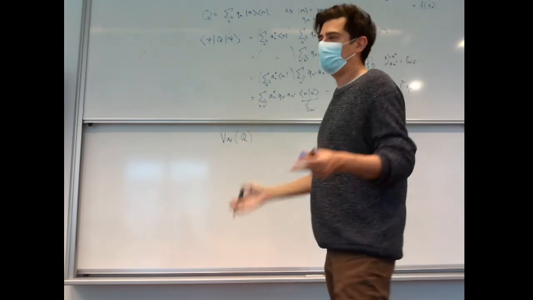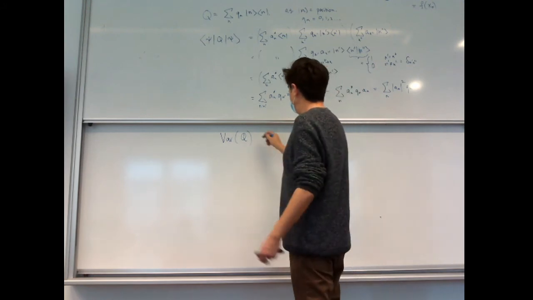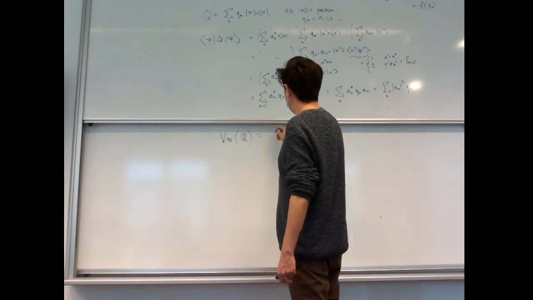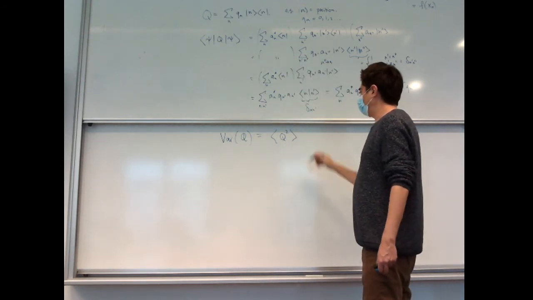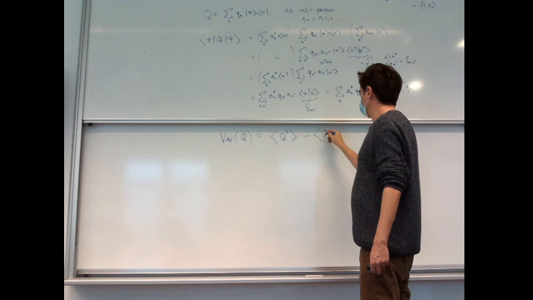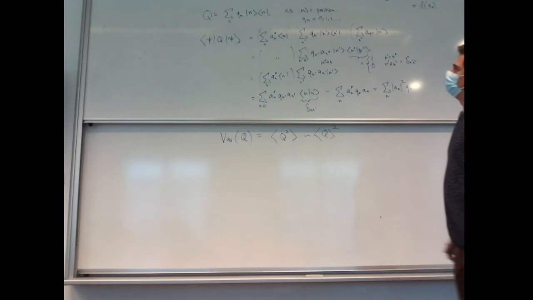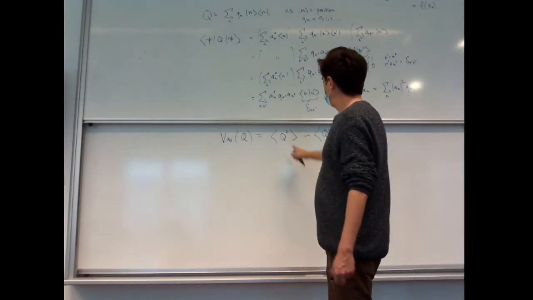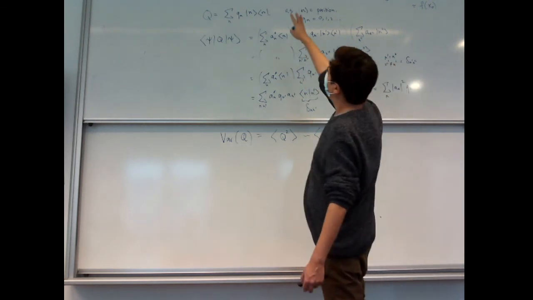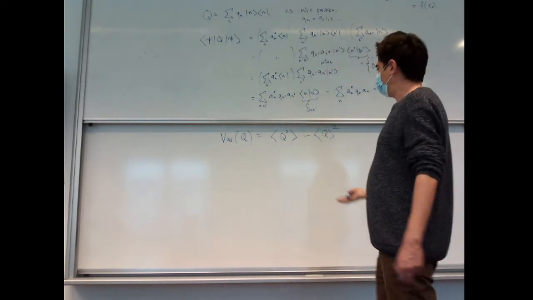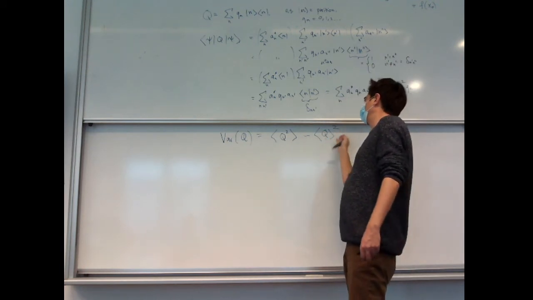If Q is position, it would be the width of your position. Then this thing is equal to the average of Q squared minus Q average squared. And these things are still defined in terms of those averages. The variance is just the difference of two types of averages. Well, this one you square.